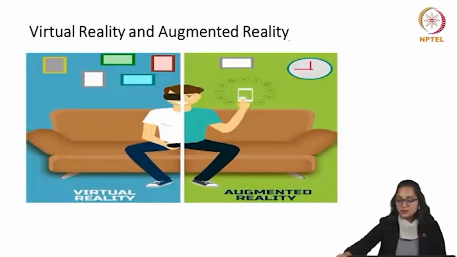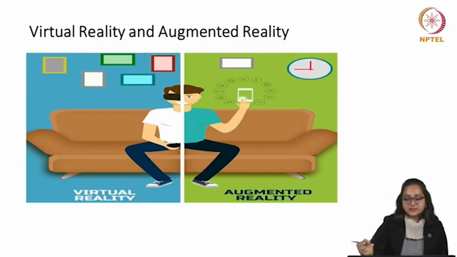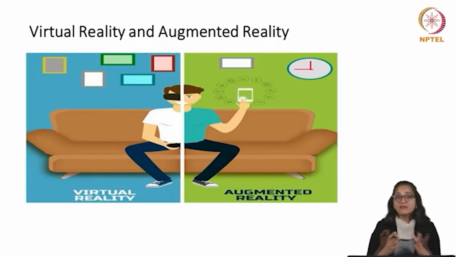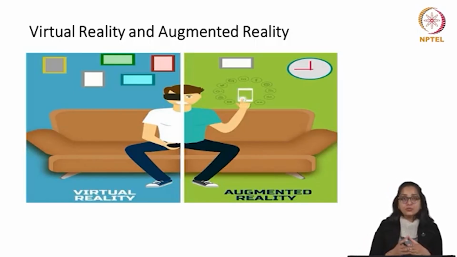Let us begin with first trying to understand what is virtual reality versus what is augmented reality. In a virtual reality experience, the entire environment is in the virtual space. You are interacting with that virtual world via different wearable technologies, input output devices.